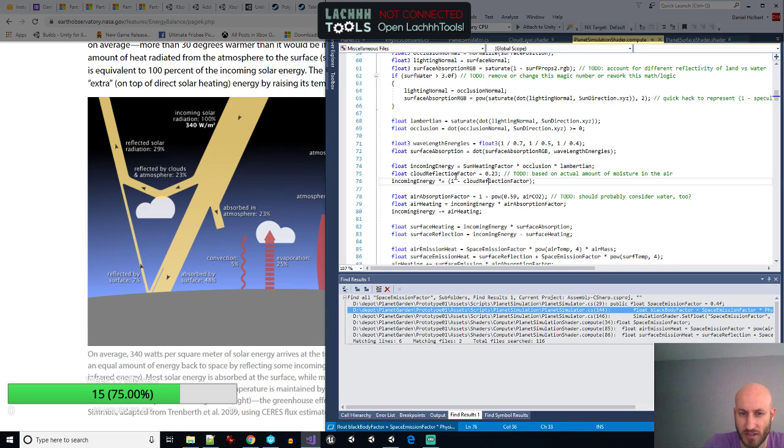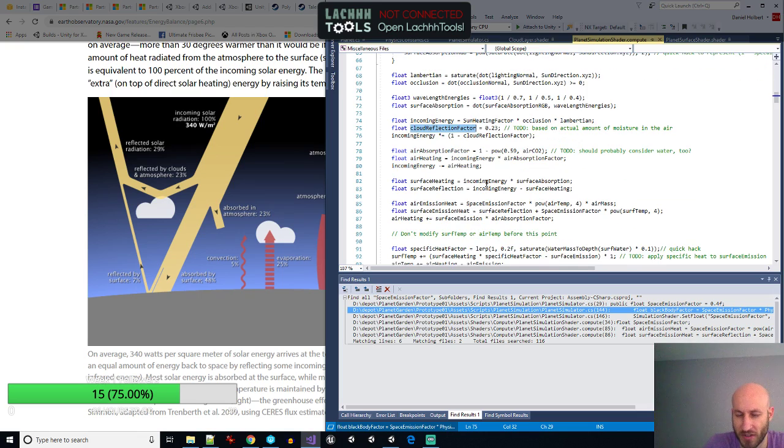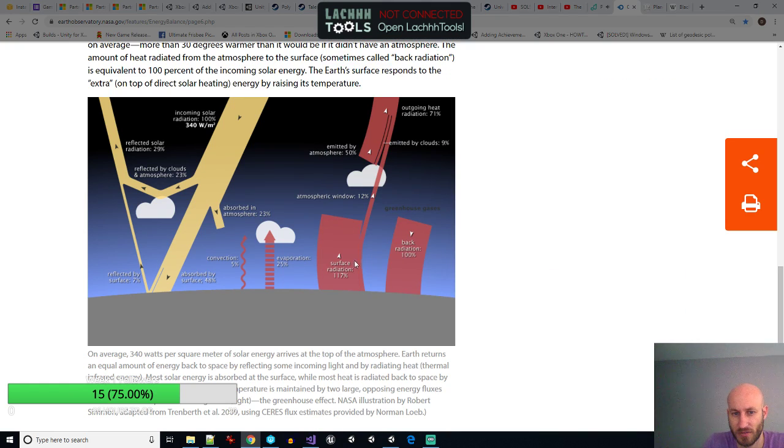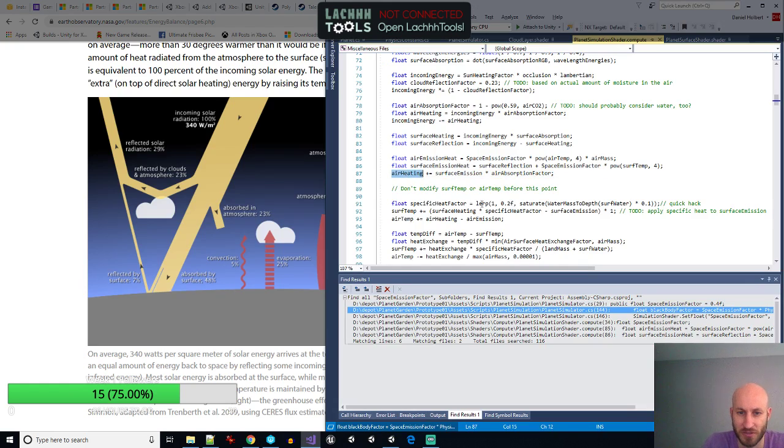So 23% will be reflected back out, and then the air absorbs some of that energy, and then the surface gets some of the rest, but then the surface reflects some. Then the air, based on the current temperature, and the surface will emit some heat out, but remember that what the surface emits will actually get absorbed by some of the atmosphere too, so I'm accounting for that.